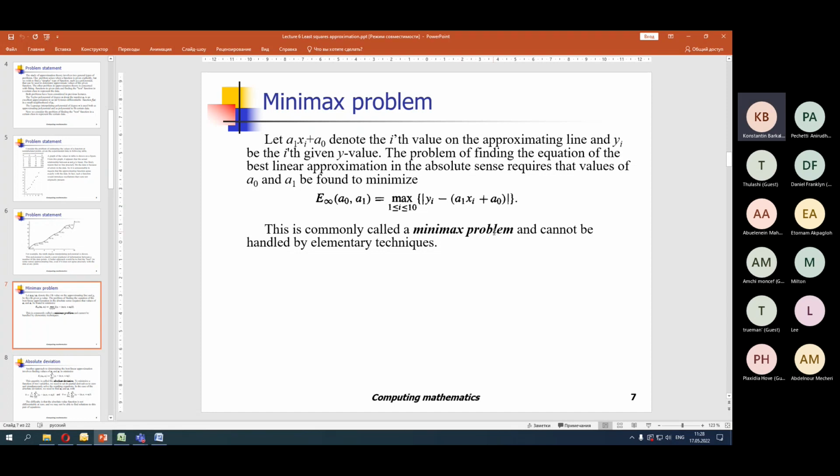So we minimize the maximum error. This is commonly called a minimax problem, but this problem cannot be solved by elementary techniques. I can write it, but I cannot solve it.